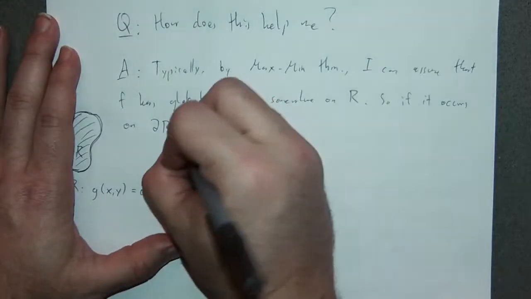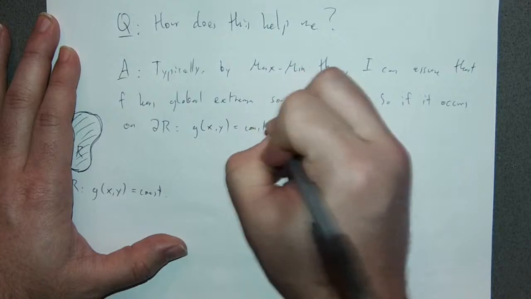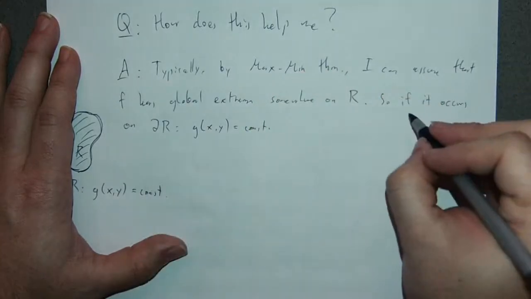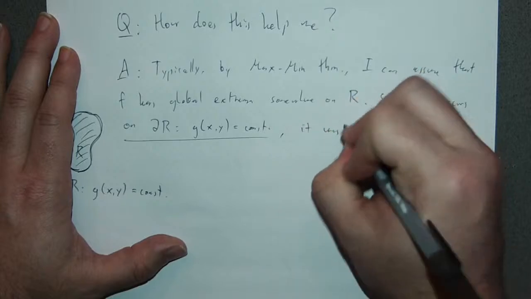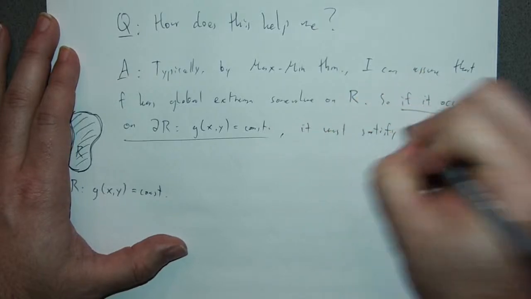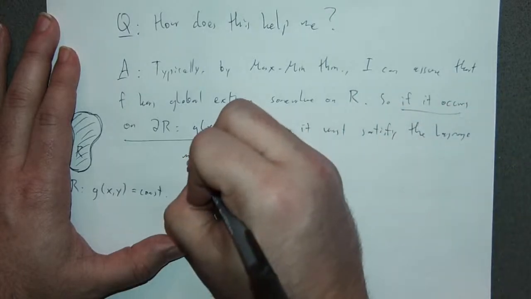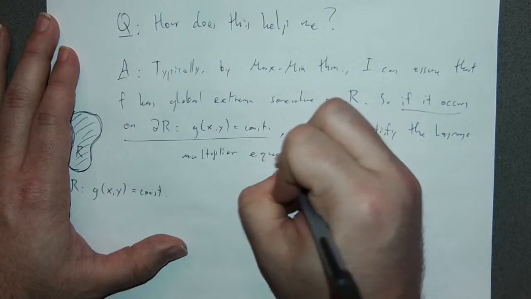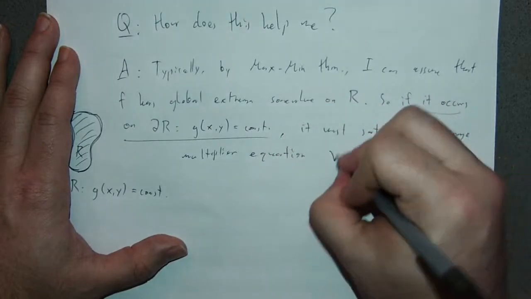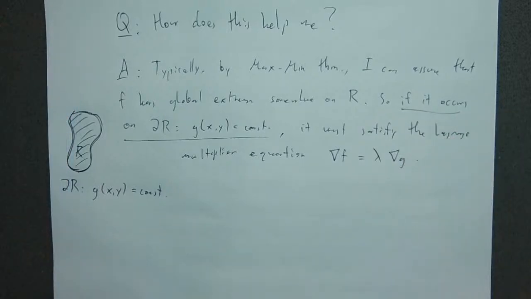So I write this in the form g(x, y) = constant. Thus, if it occurs on the boundary, it must satisfy the Lagrange multiplier equation, which I just wrote, which is the gradient of f is equal to lambda times the gradient of g.